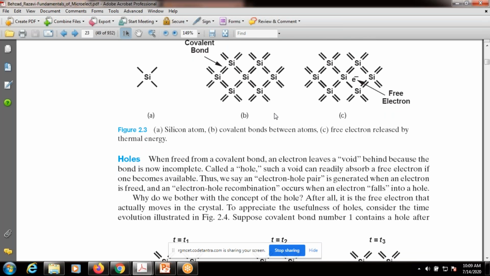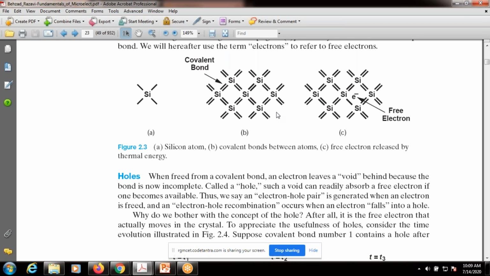At 0 degree Kelvin it acts as an insulator, there is no conduction, but as temperature increases there is a chance that a few electrons break the covalent bond and act as free electrons. Until then, it is a valence electron in the covalent bond. Once the electron acquires sufficient energy and breaks the covalent bond, it becomes a free electron, a free charge carrier.